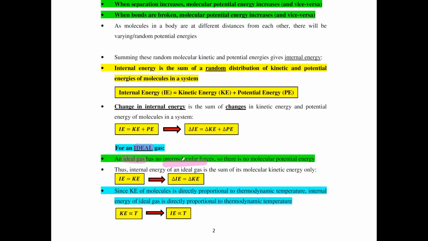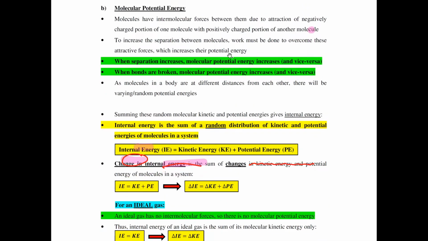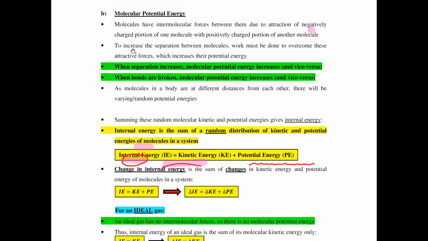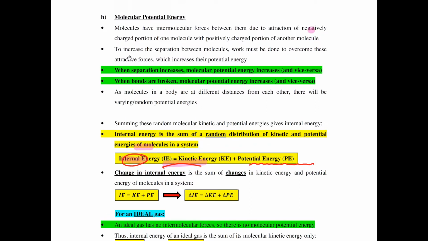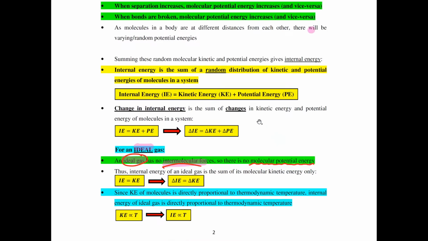Just now I mentioned that molecular potential energy comes about because there are forces of attraction between your molecules. So if an ideal gas by definition doesn't have intermolecular forces, this means that you will have no molecular potential energy.